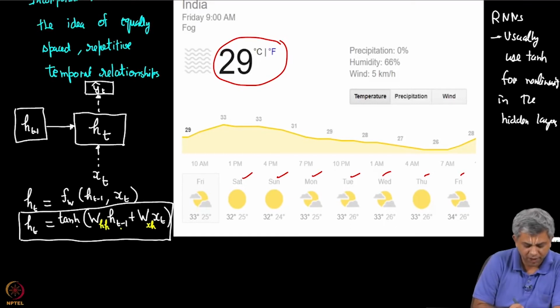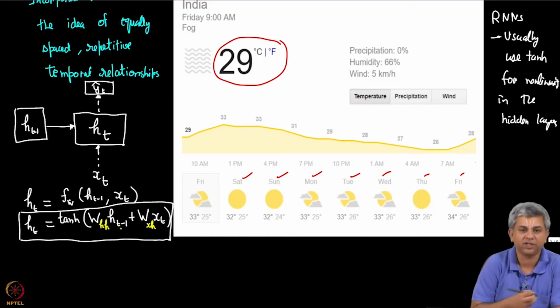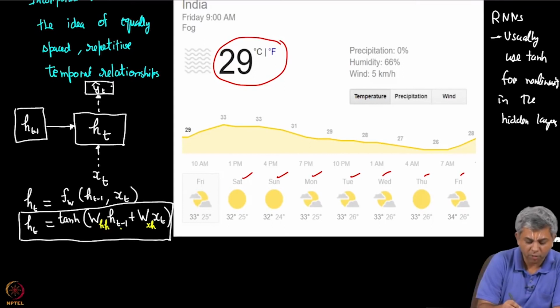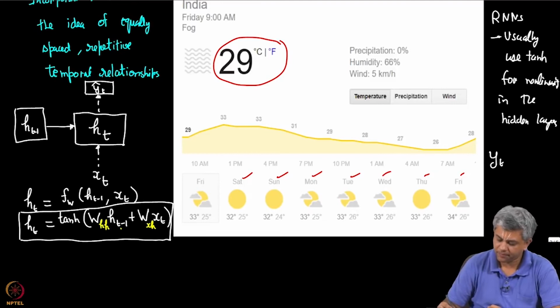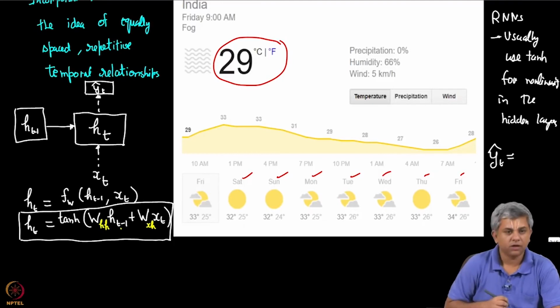Some people will replace this tanh simply by f_W or by g. Now, what about this yt hat? yt hat is equal to some function of ht.